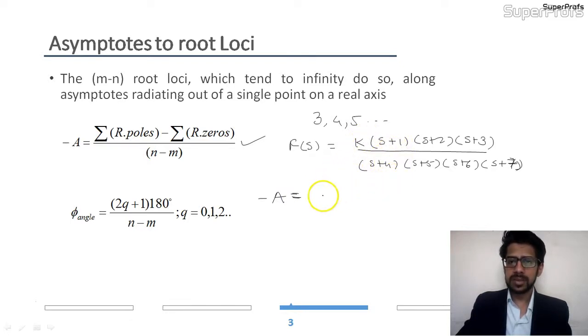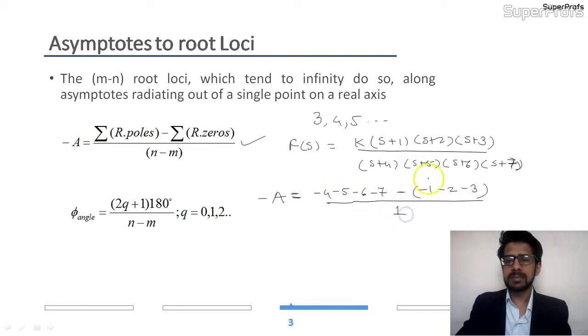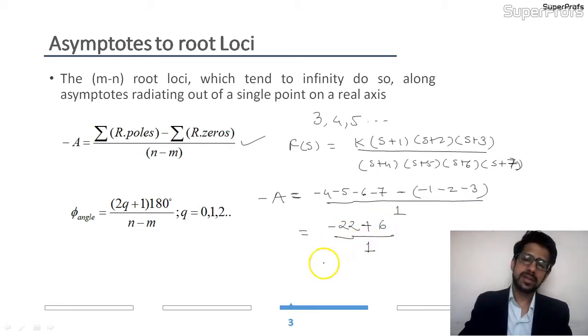The real parts of the poles are minus 4, minus 5, minus 6, minus 7, subtracted by minus 1, minus 2 and minus 3, divided by 1, because n minus m is equal to 1 in this case. So we have minus 22 plus 6, which gives us this particular point as minus 16.